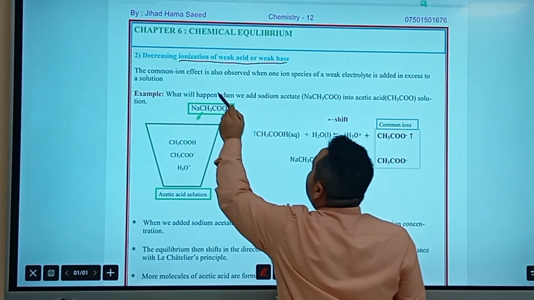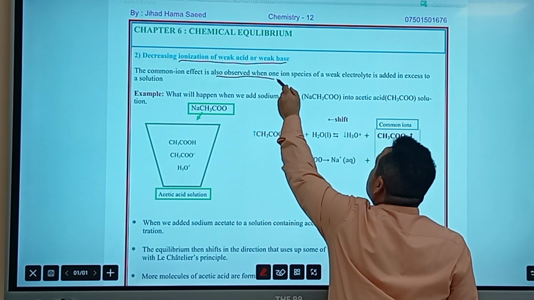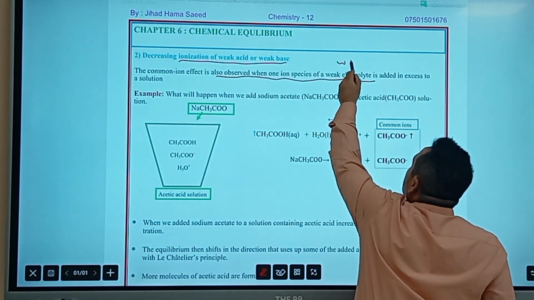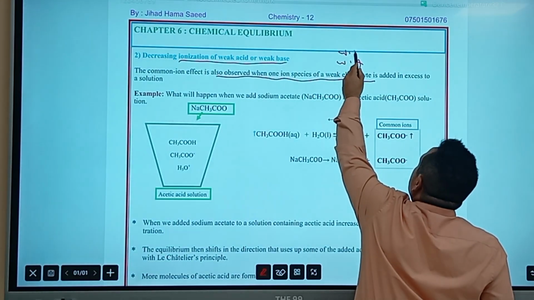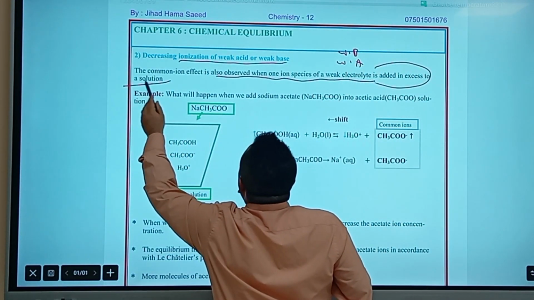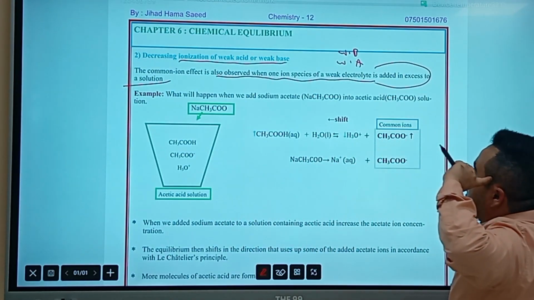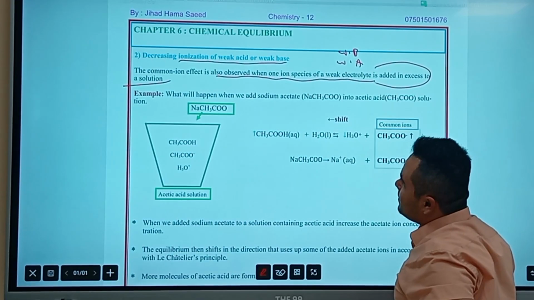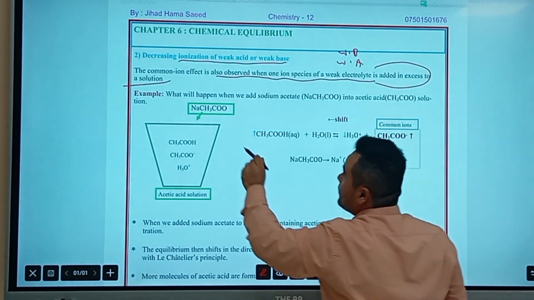The common ion effect is also observed when one ion species of a weak electrolyte, we mean weak acids and weak bases, is added to a solution that has the common ion of that weak electrolyte.